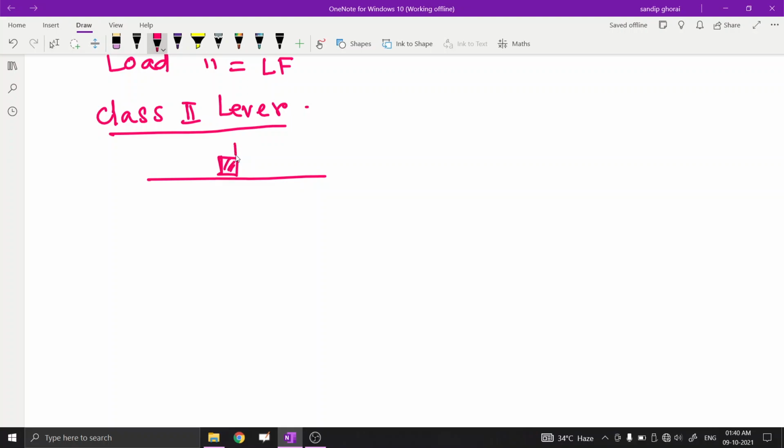If this is your load and this is your effort and fulcrum is situated at one end, so that means here load is always situated in between fulcrum and effort. That is why we can say effort arm is always greater than load arm. That means in this case mechanical advantage is always greater than 1. Okay, so this is the main point for class 2 lever.